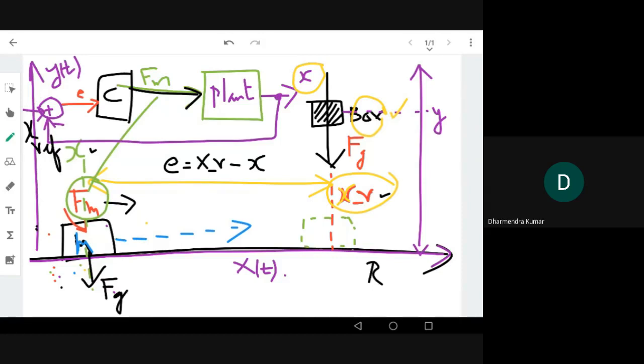So now you have to be very clear. We will be exactly giving the x reference, that means this point xref, to the system, right? Based on that, we should manipulate the position of the magnetic train so that it can catch the box. But there is one problem here.